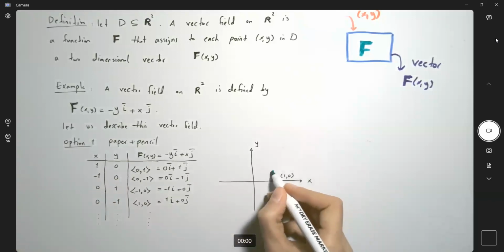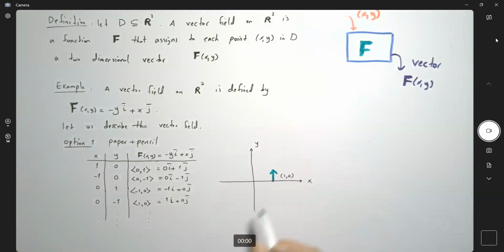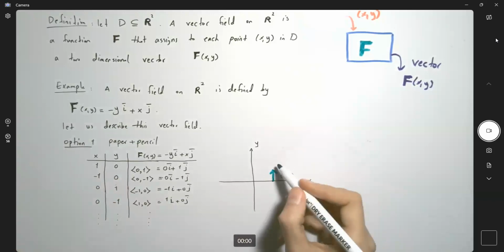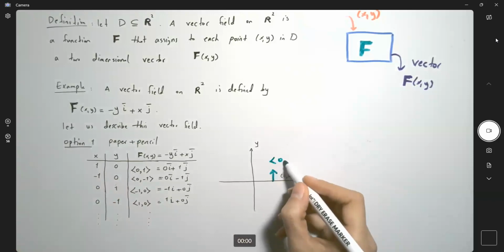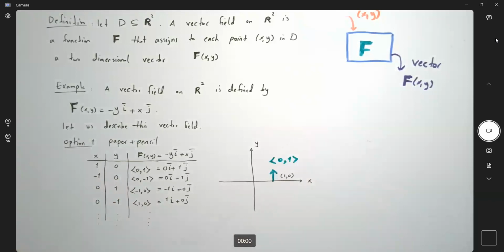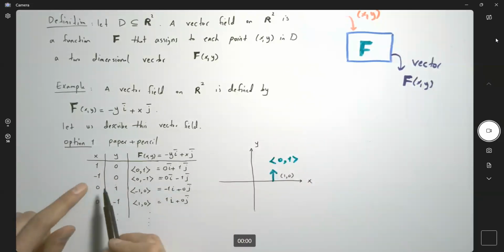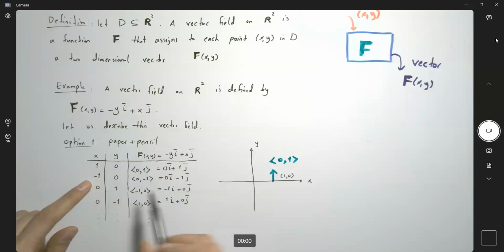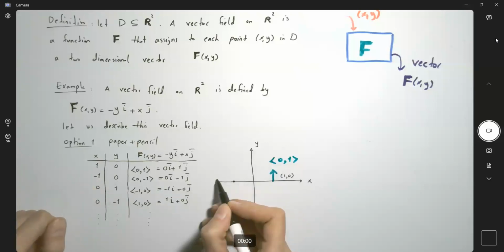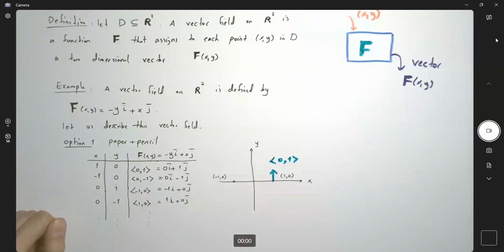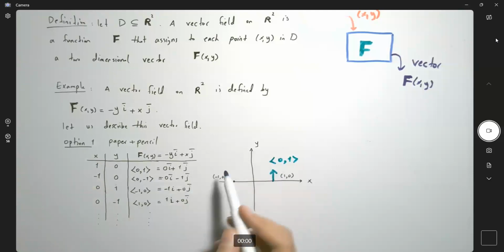The length of this vector is just 1. This is vector 0 and 1. At -1 and 0, this is the point -1 and 0. The vector that you have is 0 and -1.